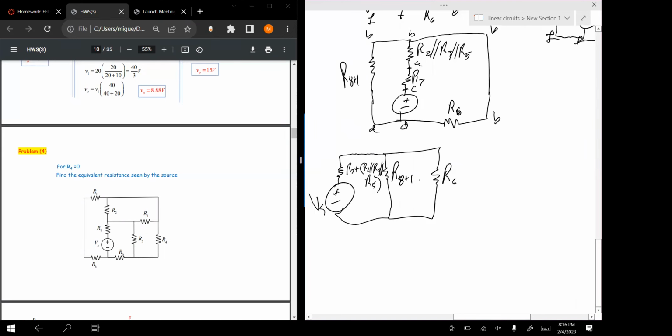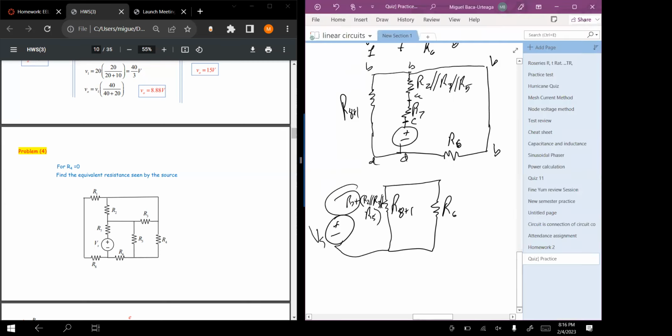Now, we're going to combine R8 plus 1 and R6. They are in parallel, but they're not in parallel with this resistor here. The reason being, let's look at our little current rule again. If I send current through this resistor, it comes out and splits two ways, so it's not exactly in parallel yet.